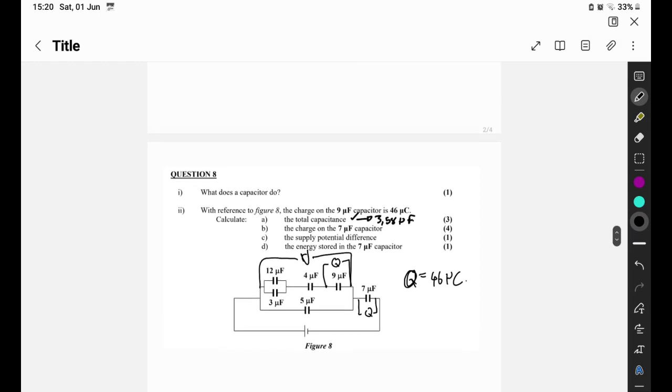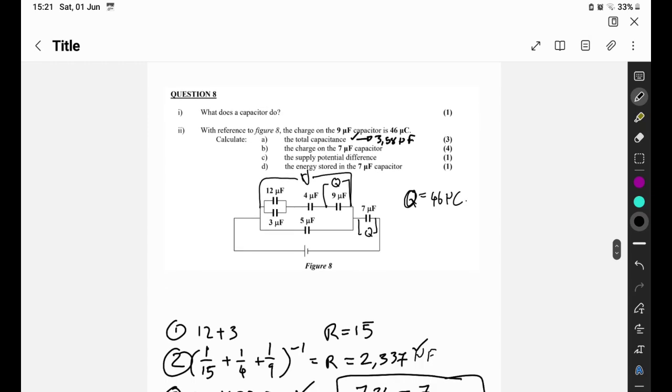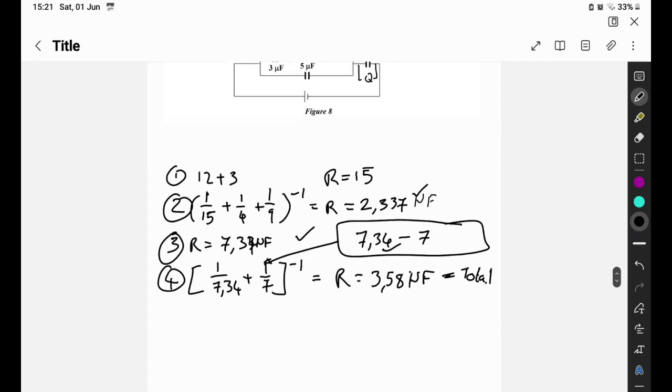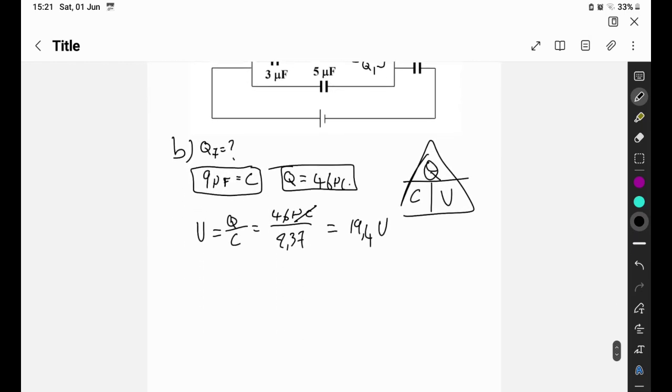Question B is that they want us to find the charge on the 7 microfarad capacitor.